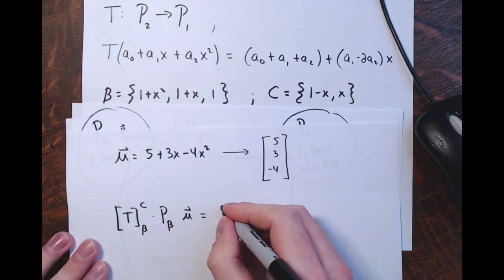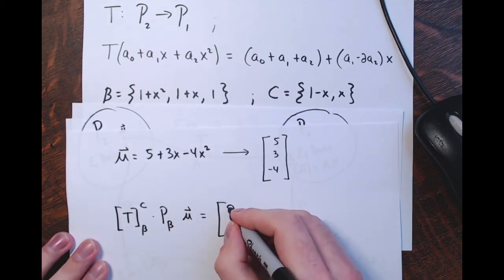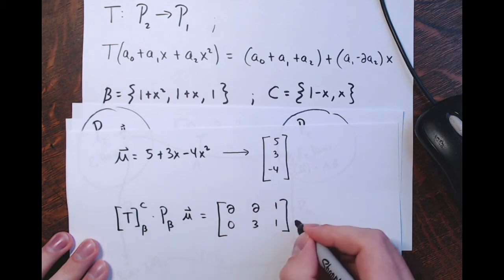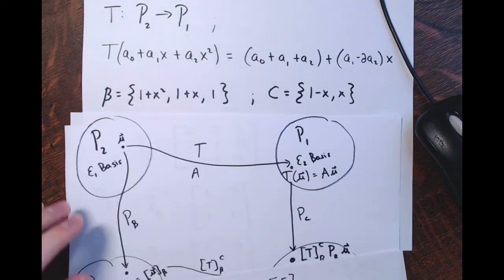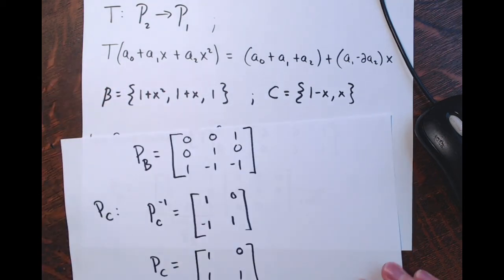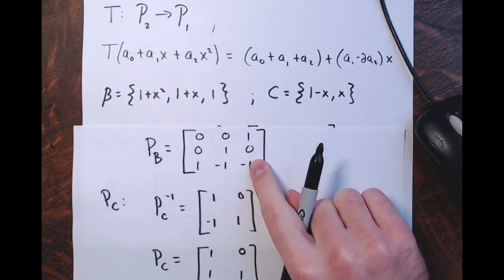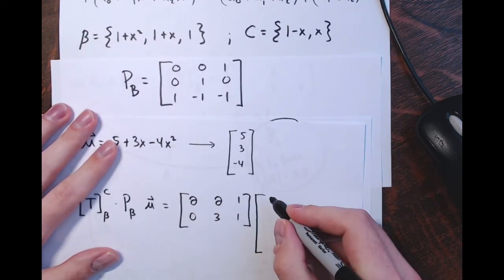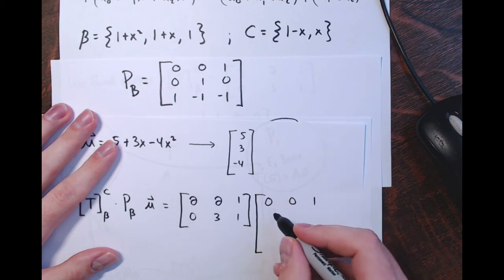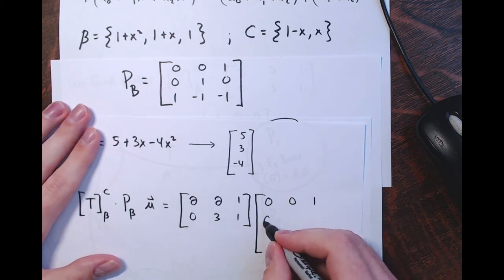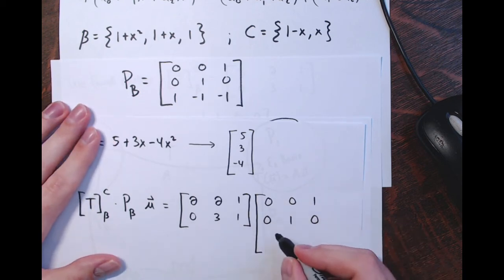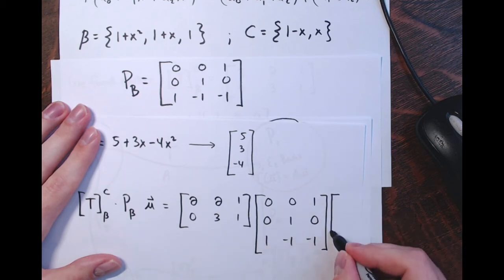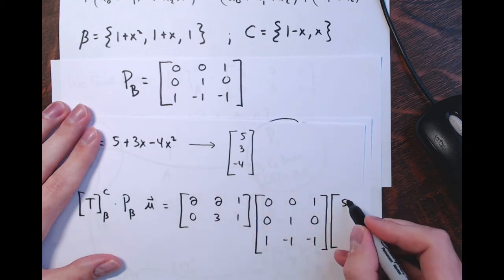So the matrix representation times PB times U would be this. Our matrix representation was this 2 by 3, 2, 0, 2, 3, 1, 1. That was earlier. PB I found. PB was this 3 by 3 matrix here: 0, 0, 1, 0, 1, 0, 1, negative 1, negative 1. And then times U was this 5, 3, negative 4.